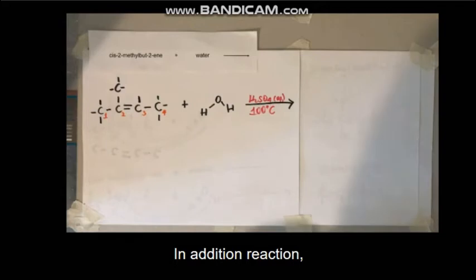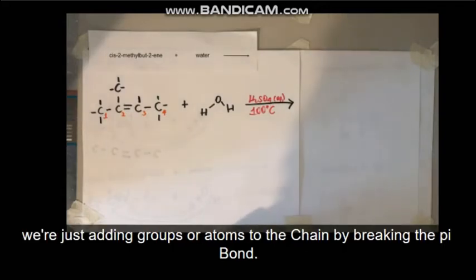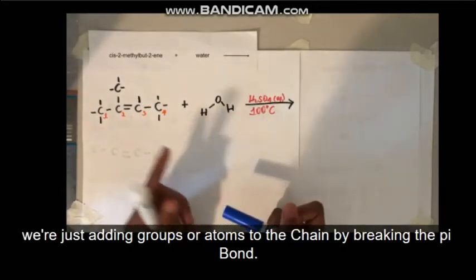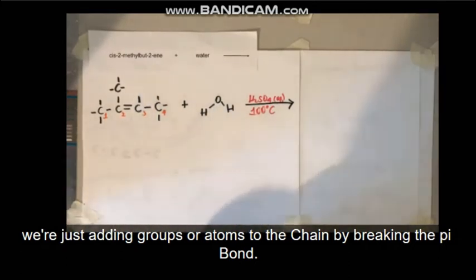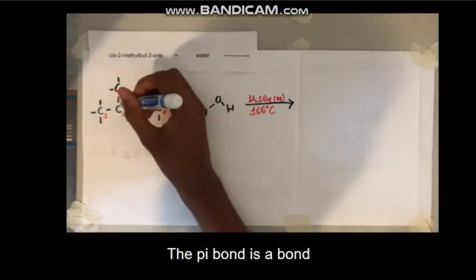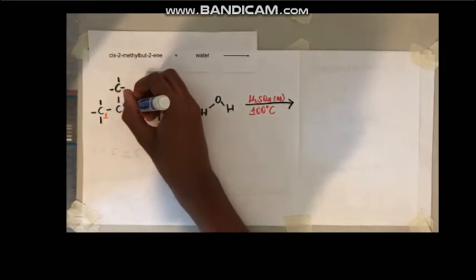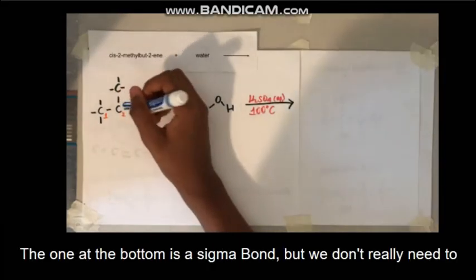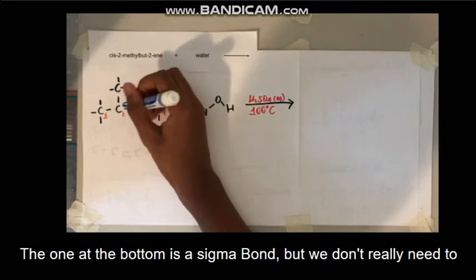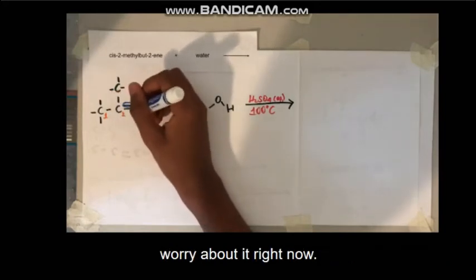In an addition reaction, we're just adding groups or atoms to the chain by breaking the pi bond. The pi bond is the bond at the top right here. The one at the bottom is a sigma bond, but we don't really need to worry about it right now.